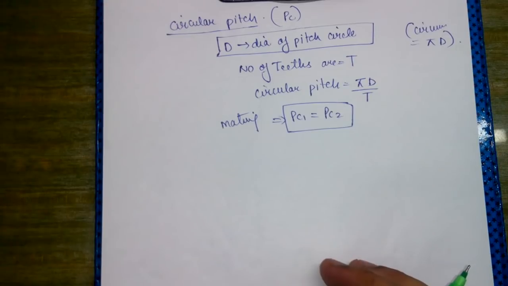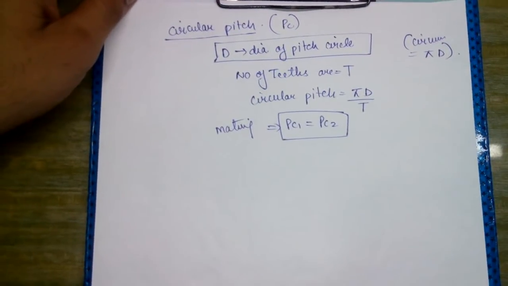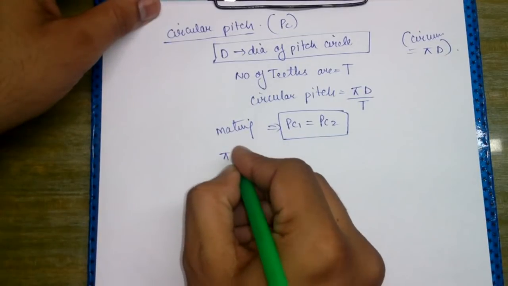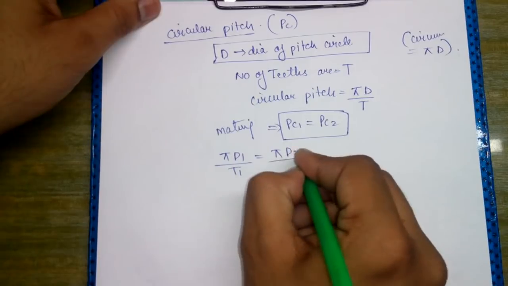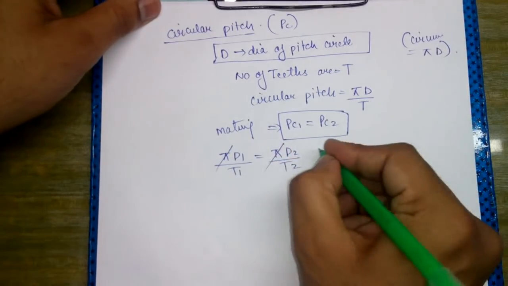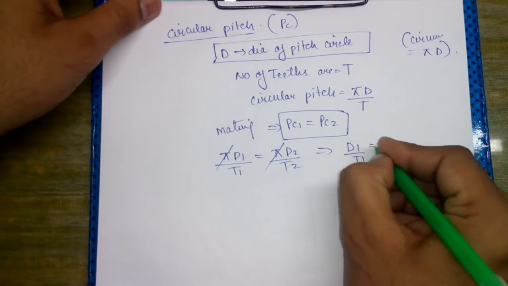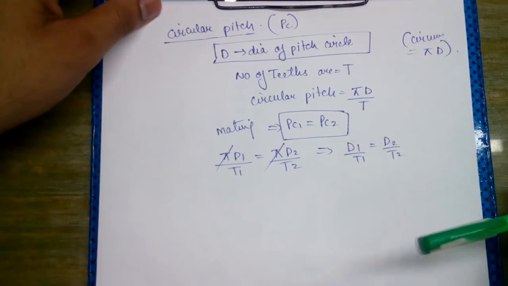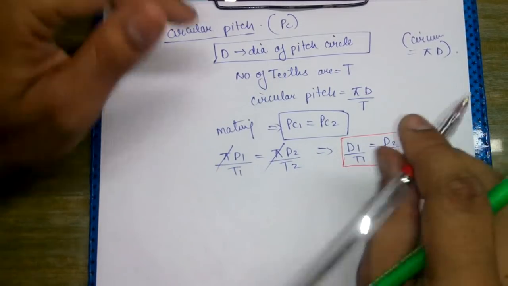So circular pitch of 1 equals circular pitch of 2, meaning pi D1 upon T1 equals pi D2 upon T2. Pi gets cancelled out, so D1 upon T1 is equal to D2 upon T2. These are very, very important formulas and we definitely have to remember them.